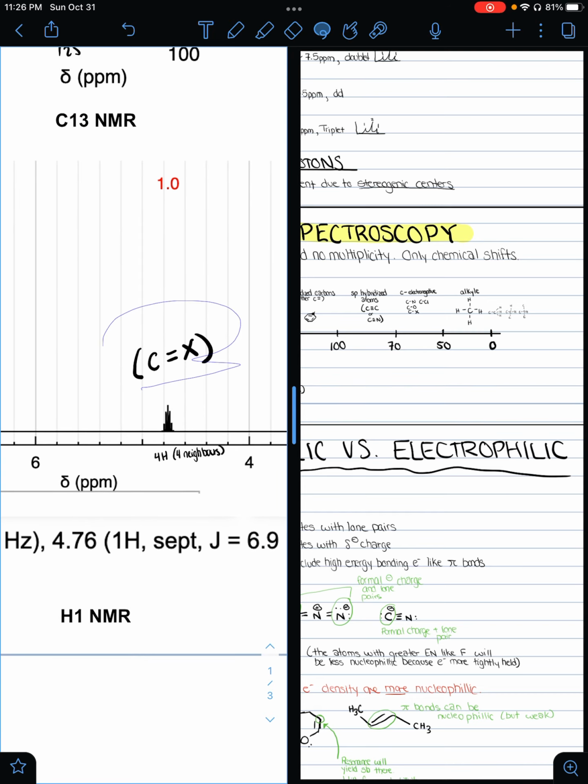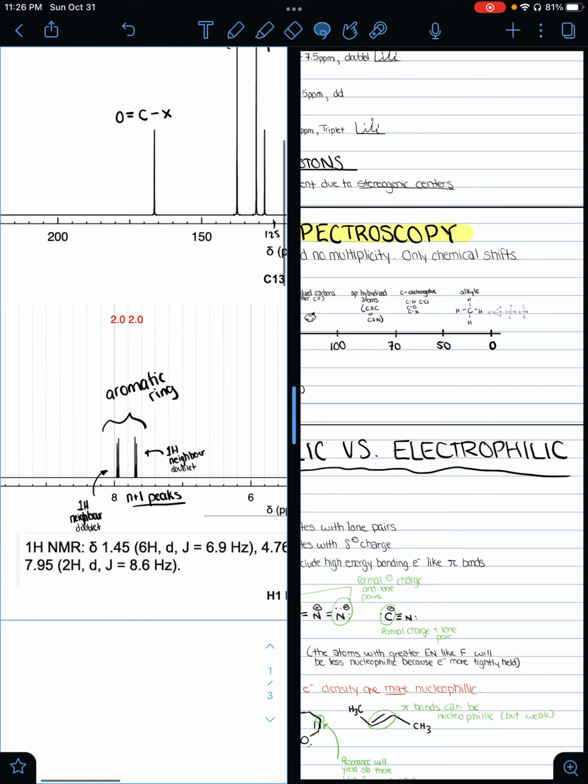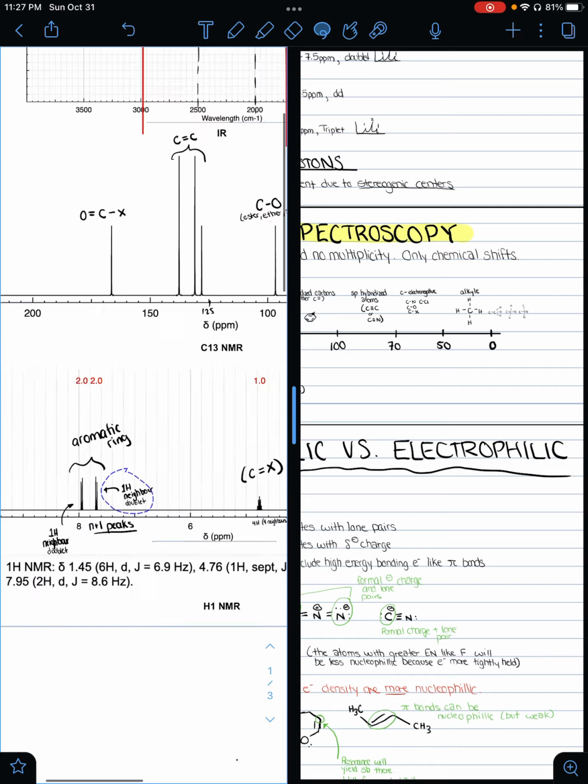That would fall within the group of carbon double bonded to another atom, which is not a carbon, most probably. Over here, what we have is the aromatic ring. We can see 2 different hydrogens of different environments, which have 1 neighbor each, and they are considered doublets.